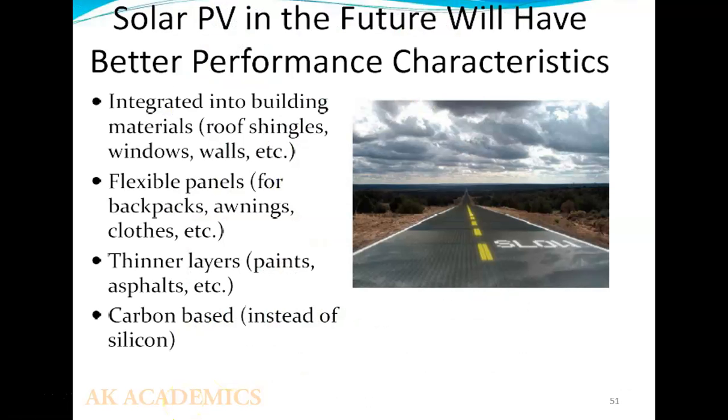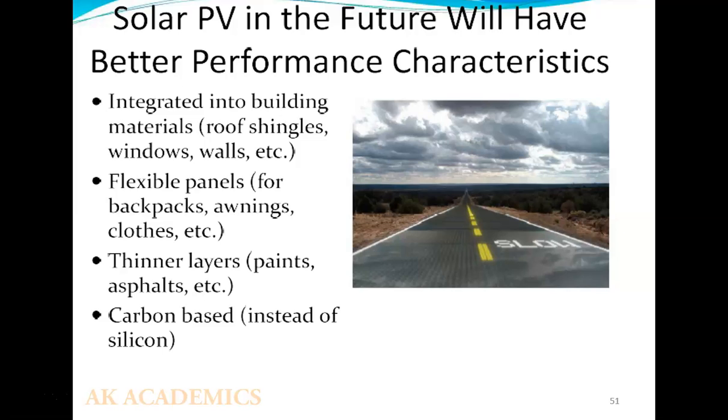It is important that we quickly look at some of the future thoughts about solar PV. Solar PV in the future will have better performance characteristics. One of the reasons is that it will be integrated into building materials, for example the roof shingles, the windows, and the walls, and this will give us a technology called Building Integrated Photovoltaic Systems, BIPV.